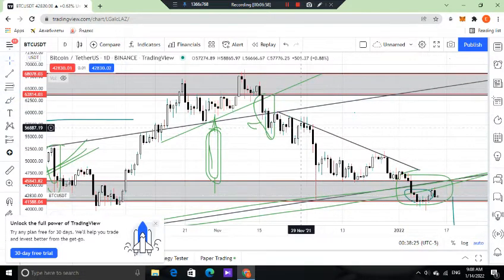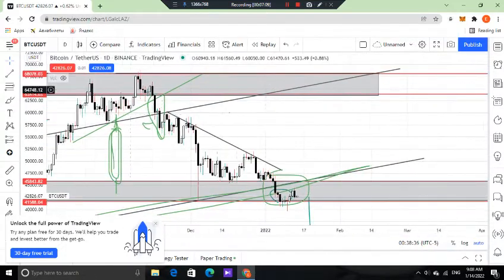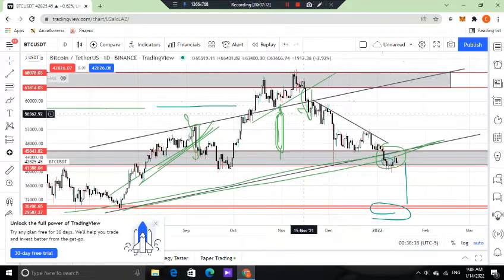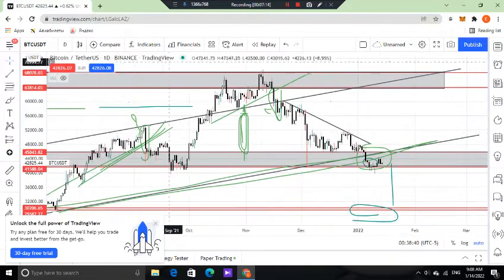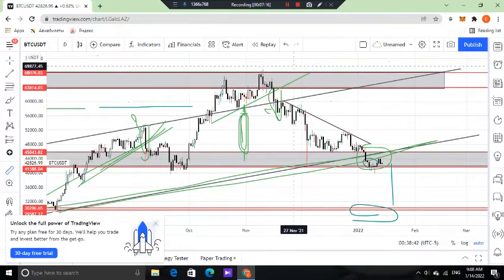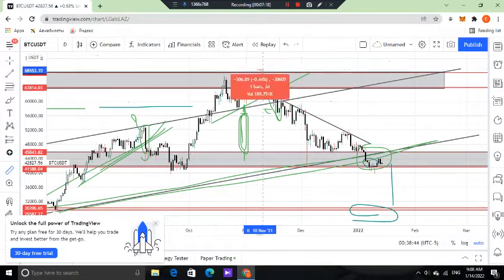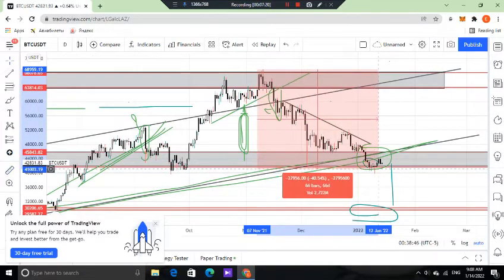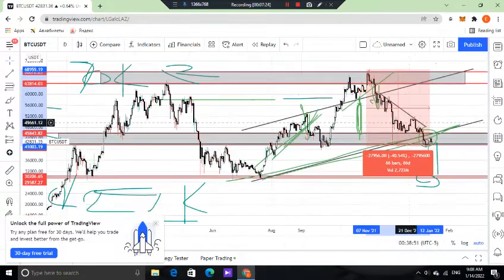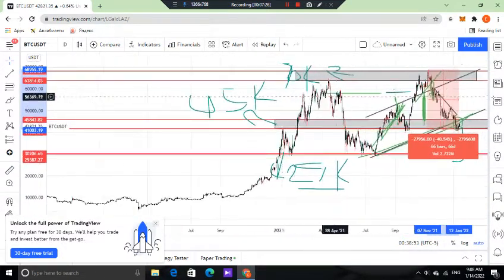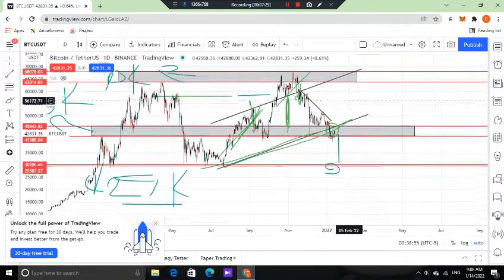And after that, as I said, you expect to see a pullback to this broken level, and after that, bearish movement like this. Since November, we had a 40% correction in Bitcoin, which is significant and considerable and big.